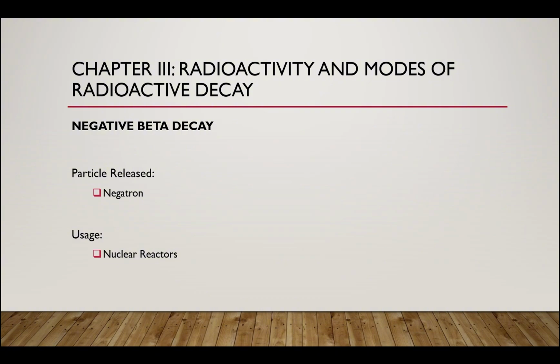Now, at this moment, the daughter nuclide is still unstable, so it needs to continuously undergo negative beta decay to become more stable. But remember that with excess energy, the daughter nuclide cannot proceed to another negative beta decay until it has released the excess energy.